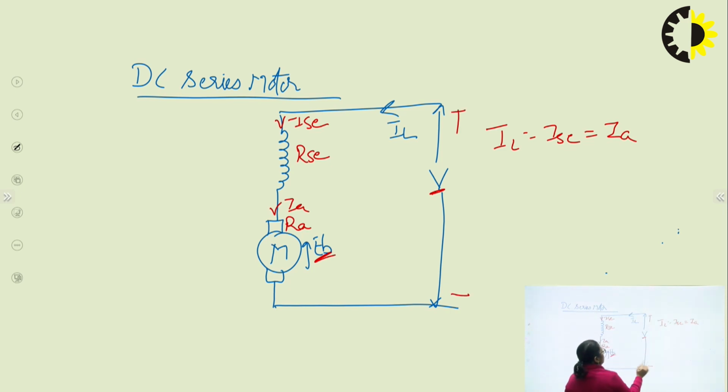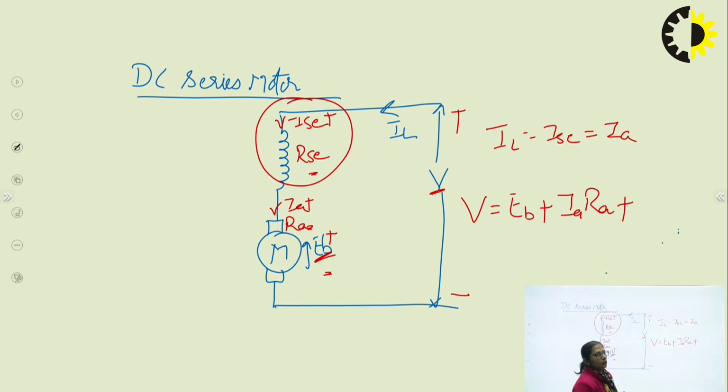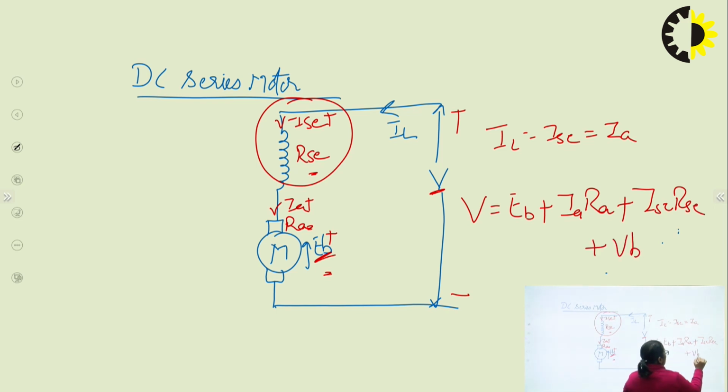Once again, the polarities: positive, negative, positive, negative, positive, negative. So once again, V is equal to EB plus drops. Which drops? The armature resistance drop, the brush drop, and also one more drop would be added, which is nothing but the series field winding drop. This would be added this time: ISC RSC plus V brush, the brush drop.